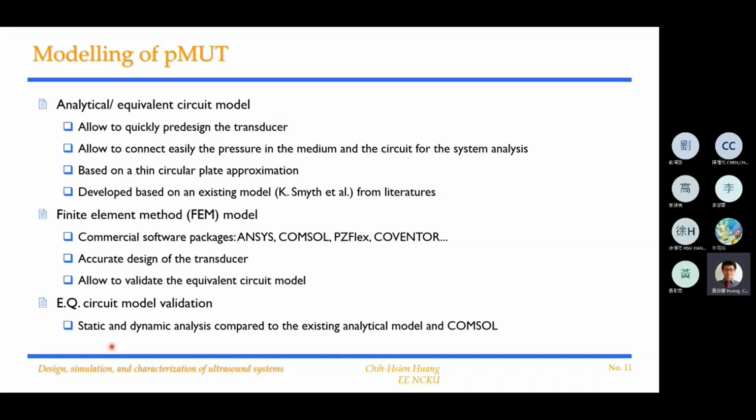Basically, we will do static and also dynamic analysis, maybe dynamic analysis more. But when we compare these two, we still have to make sure all the parameters inside are the same. For COMSOL we have a lot of parameters to set up, and the analytical model also has a lot of parameters, like the easiest one, the piezoelectric coefficient.